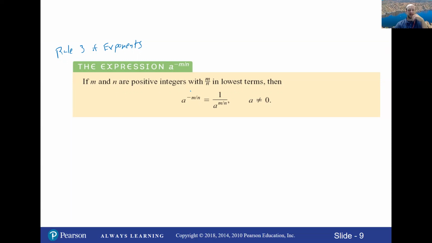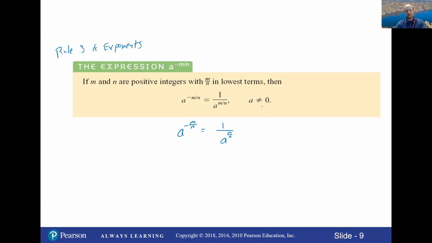If m and n are positive integers with m over n in lowest terms, then a raised to the negative m over n is equal to 1 over a to the positive m over n. So what you can do is take this negative fraction and put it in the denominator, making sure that you carry the a with it, and then write it as 1 over.